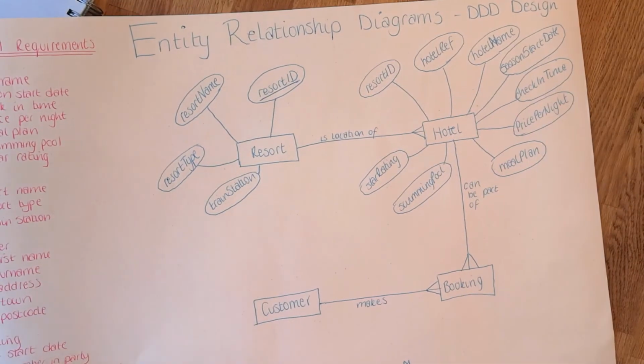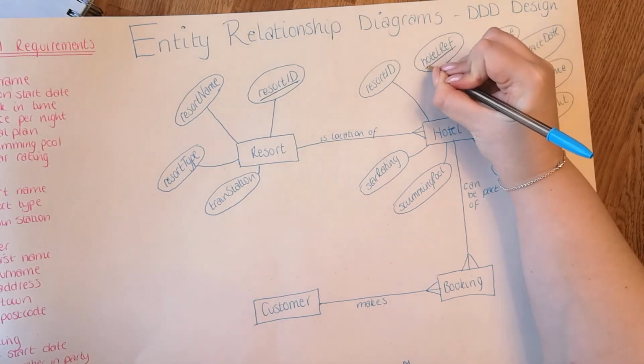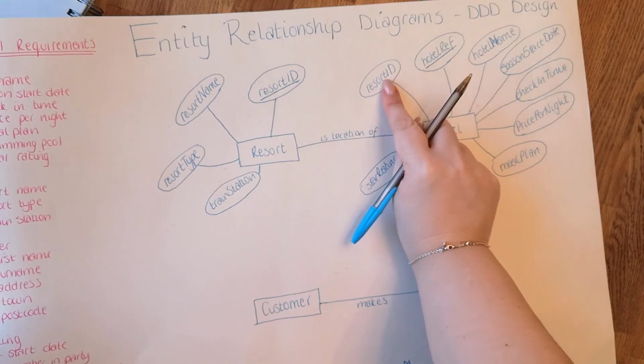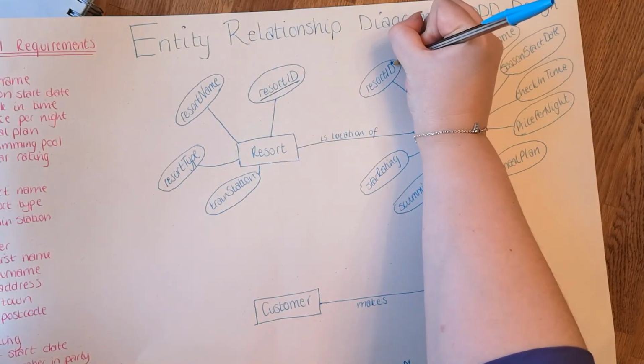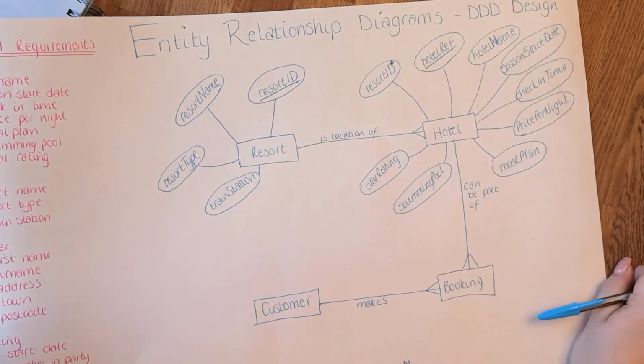Super. Okay, and then what we need to do is think about our primary key. So hotel ref was our primary key, so we underline that, and then we need to think about our foreign key. So our link was to resort, we've added resort ID, and we identify a foreign key by popping a wee asterisk or a star, just superscript after the word.